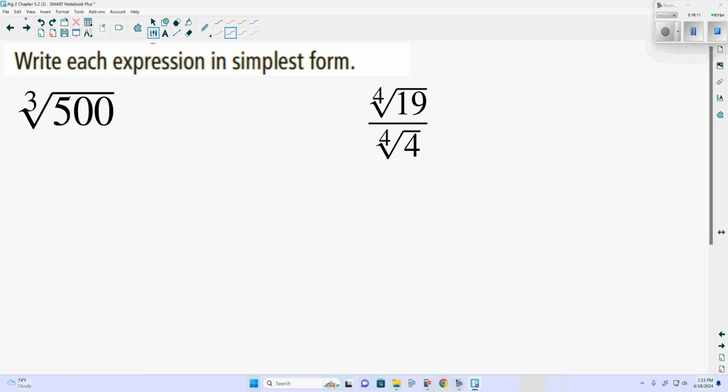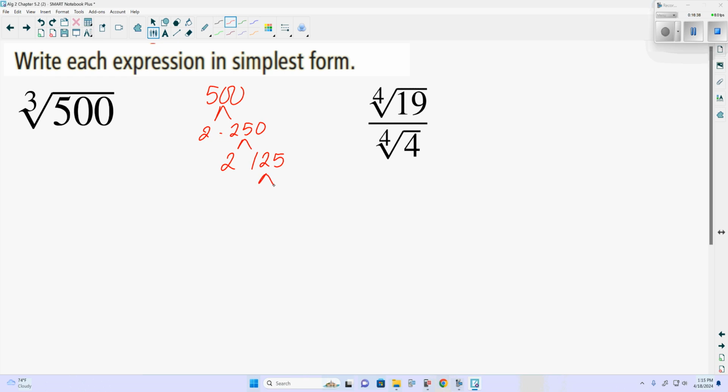Cubed root of 500. Well, that's probably not going to work out nicely. So let's factor tree 500. So we can say 2 times 250. Factor of 250. We can keep with 2 and 125.